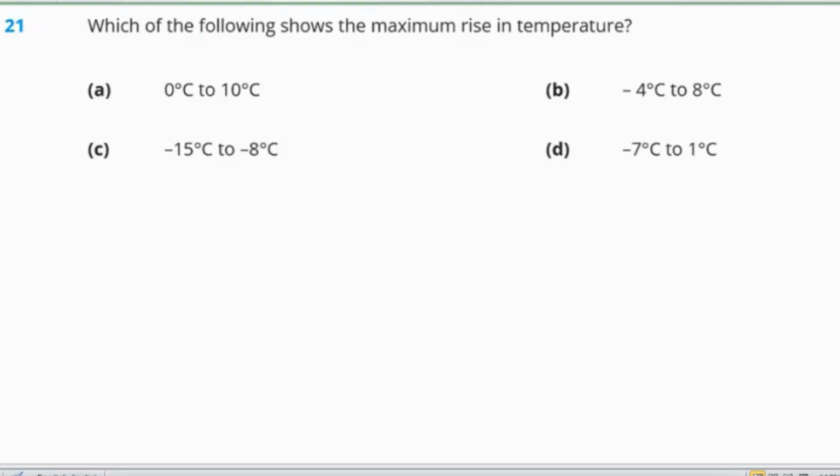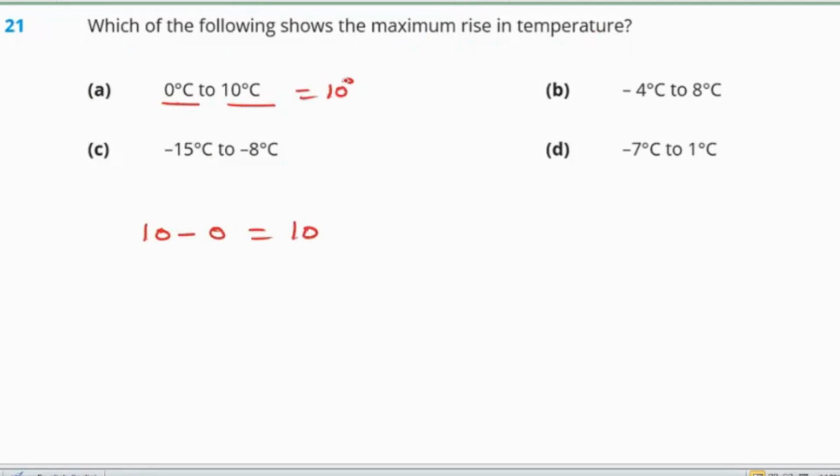Moving towards question number 21, it is saying: which of the following shows the maximum rise in the temperature? For that, here from 0 degrees Celsius, the temperature moves towards 10 degrees Celsius. So what is the difference between them? It is 10 degrees Celsius.